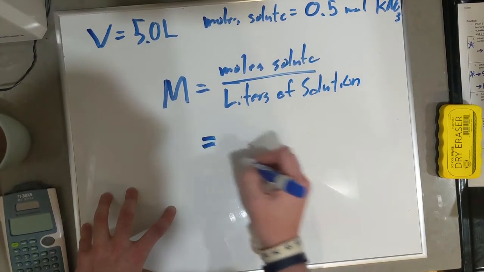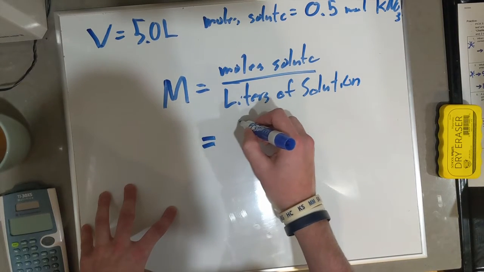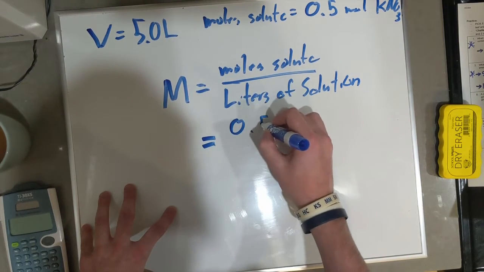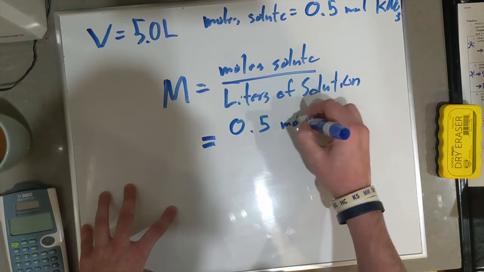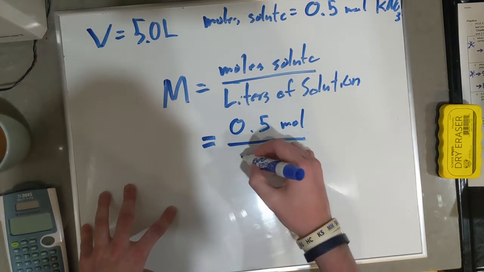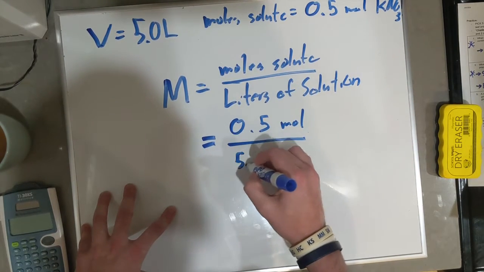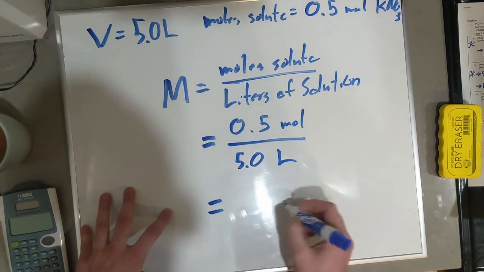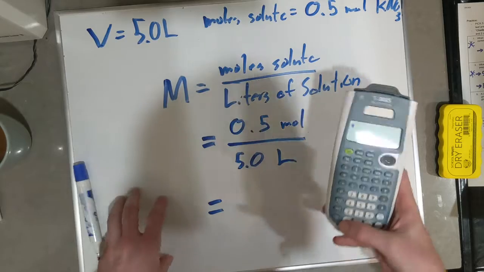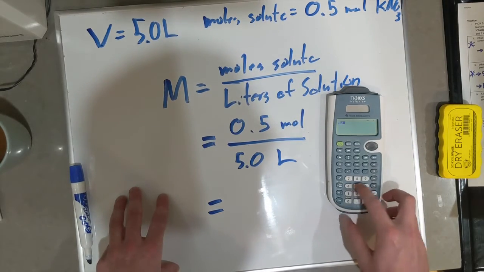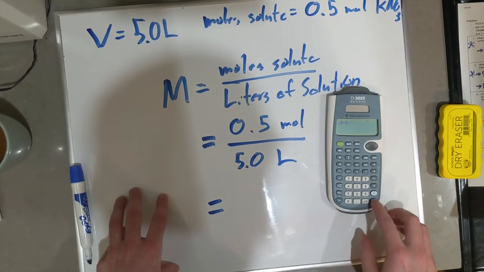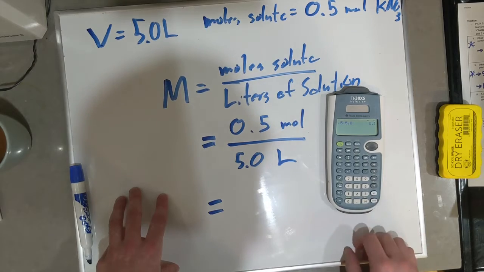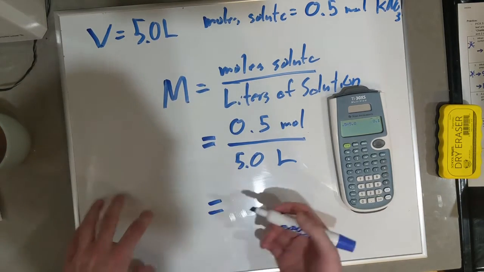And if I plug in my values, we have 0.5 moles divided by 5.0 liters. And we get 0.1.